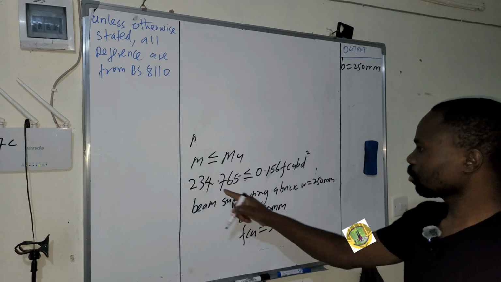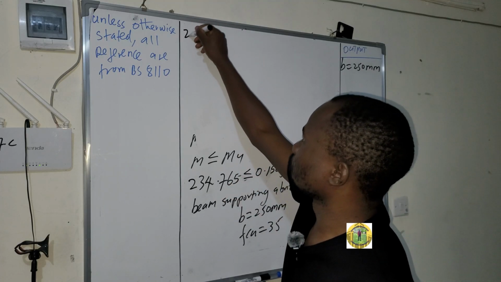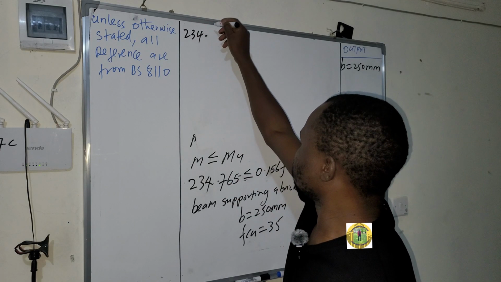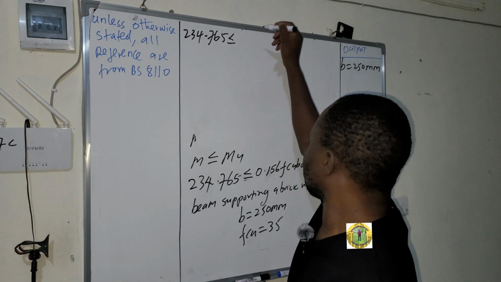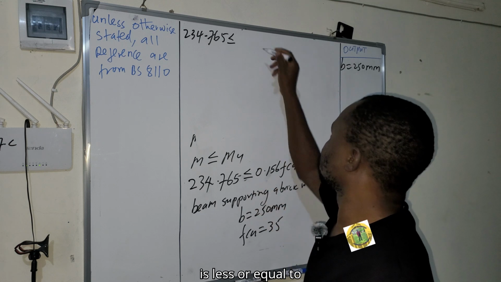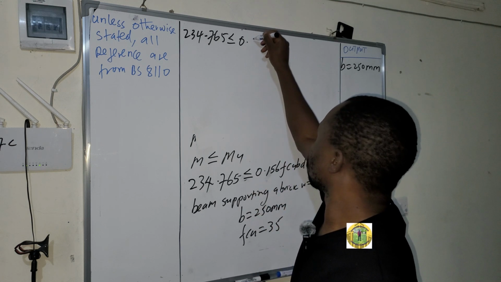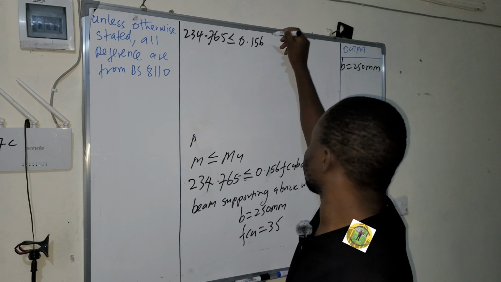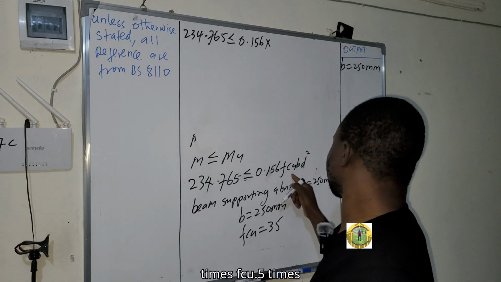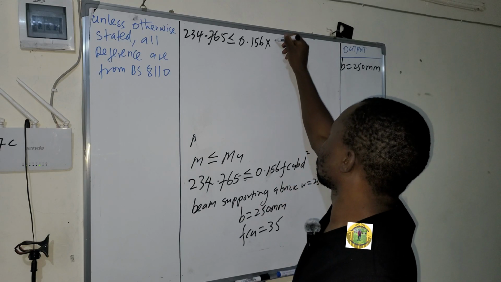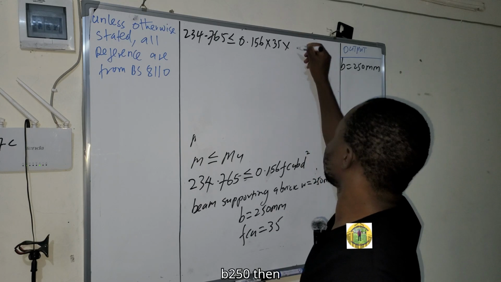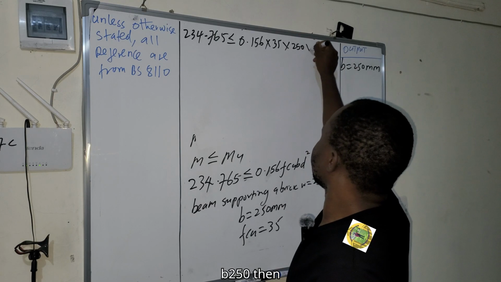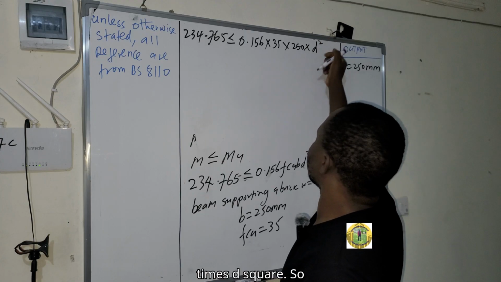So 234.765 is less or equal to 0.156 times fcu 35 times b 250, then times d squared.